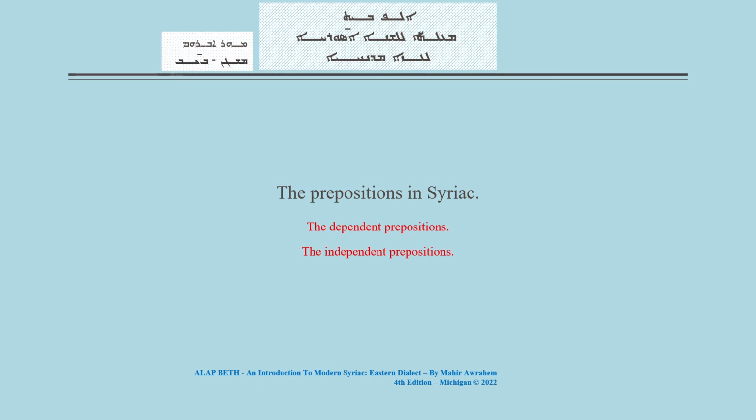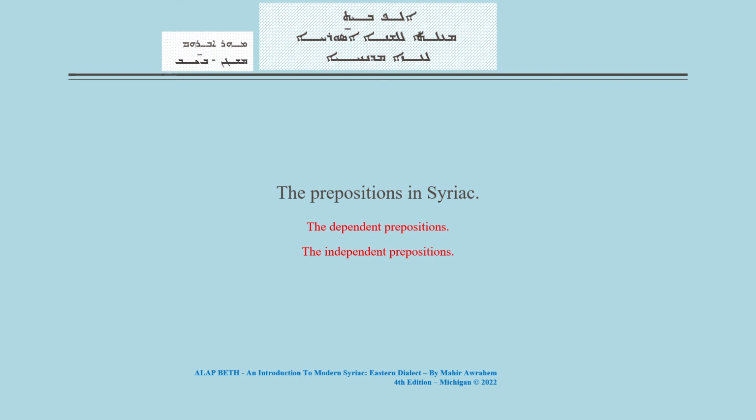The second letter, the dependent preposition, is dalath, which means who, which, whose, and also means of. Let's take an example for who, which, whose: Maria et Parqan, the Lord who saved us. Of course, I just have one example there. We're going to have more when it means which and whose.